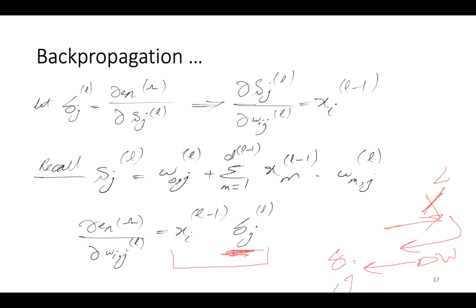So we called it delta_j of L at the point of L. So the model's update at this point, which is the partial of E_n with respect to W, would be equal to this multiplied by the inputs coming from the previous layer. So L minus 1.